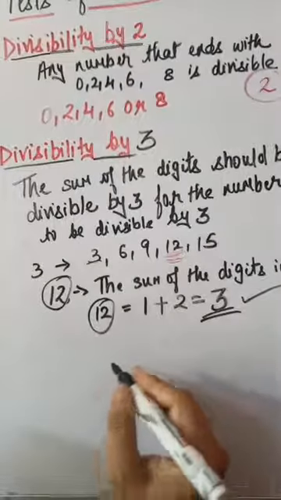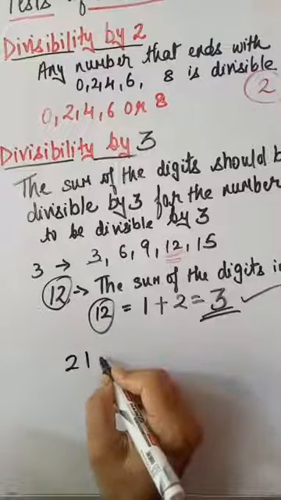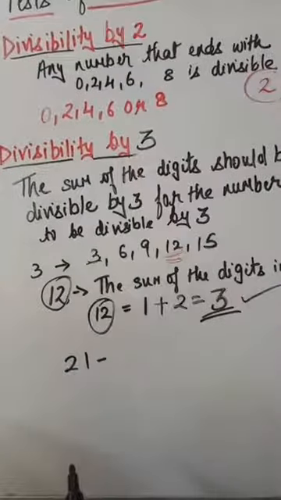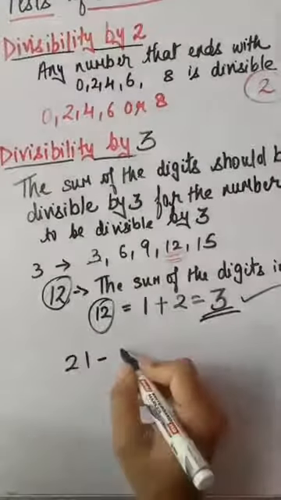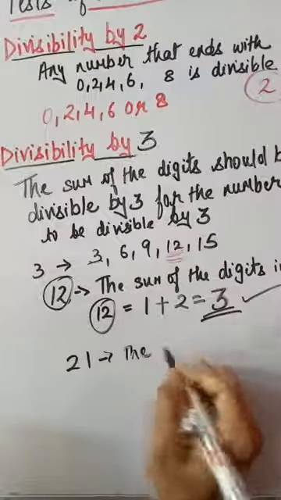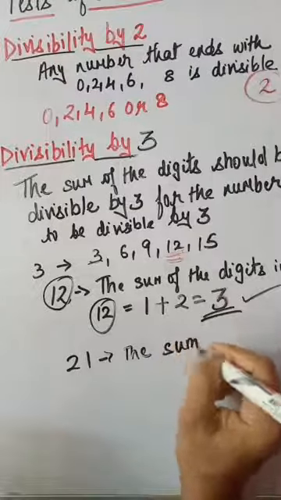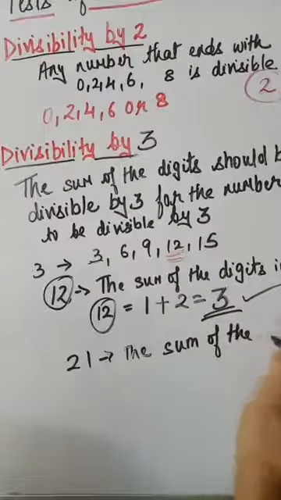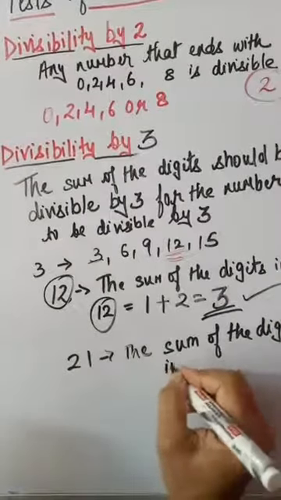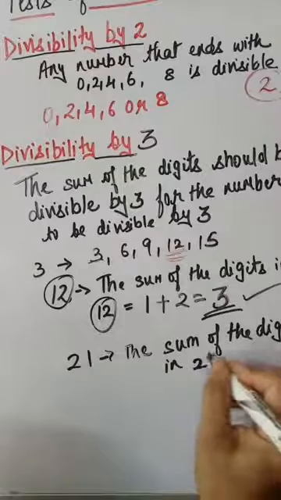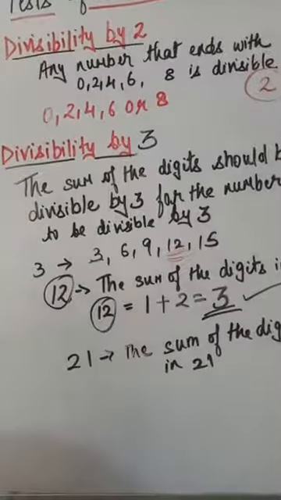Now tell me whether 21 is divisible by 3 or not. Twenty-one. You are going to do the sum of the digits.